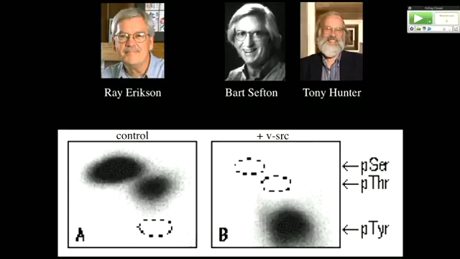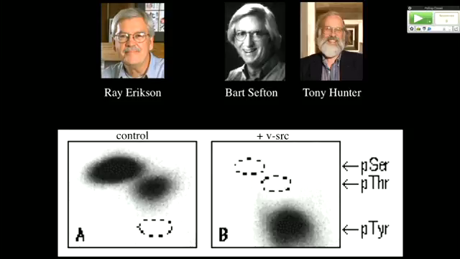Viral Src. So all we're doing here is taking cells that now have expressed viral Src and looking at the amino acids that are phosphorylated. And what we see is a switch from the normal serine and threonine to predominantly tyrosine. So tyrosine now becomes the predominant amino acid. Why?